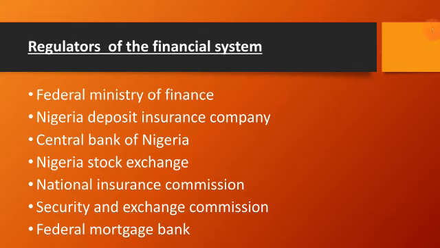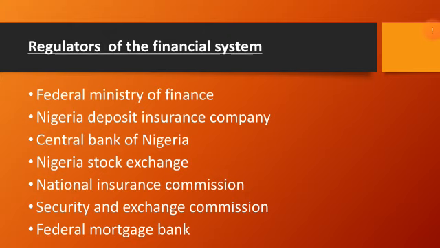This one deals with shares and stocks. Then we also have the National Insurance Commission. This is the body that coordinates the insurance companies in Nigeria to ensure that all stakeholders play to the rules as stipulated.